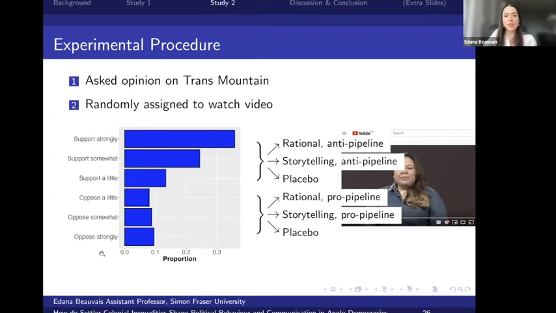Among those respondents who opposed the pipeline to begin with, I randomly assigned them to get a rational legal pro-pipeline counterargument, again counter to what they believe, a personal storytelling pro-pipeline counterargument, or a placebo.